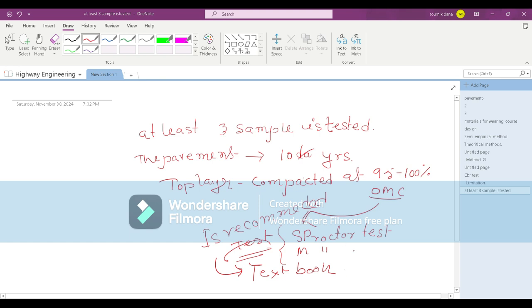These are very similar, with very slight differences between these tests.